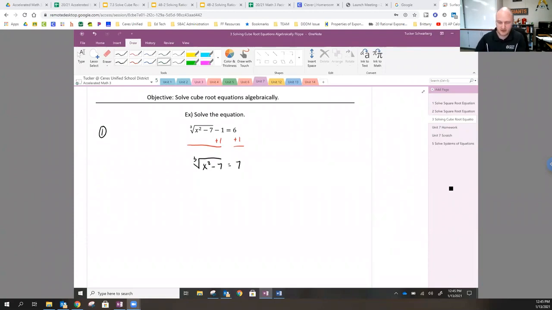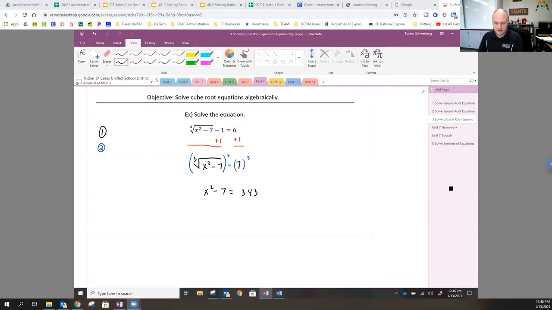Okay, I'm going to go ahead and raise to the appropriate power now. So I will cube each side. We get x squared minus 7 is equal to 7 cubed. 7 cubed, 343.